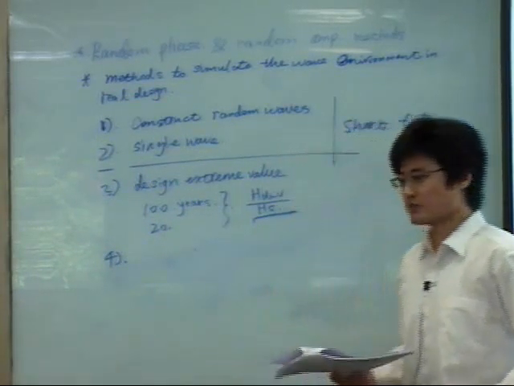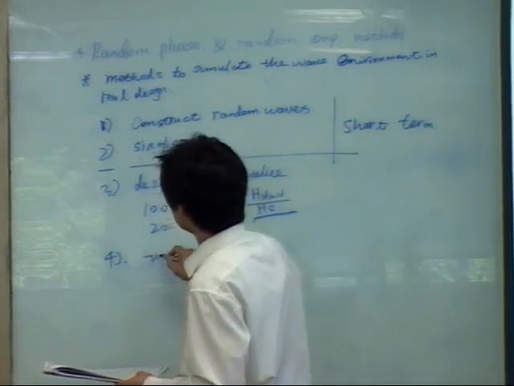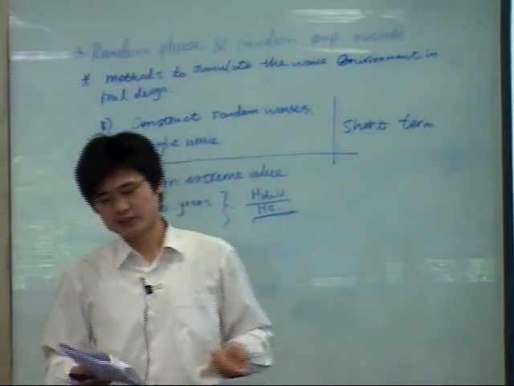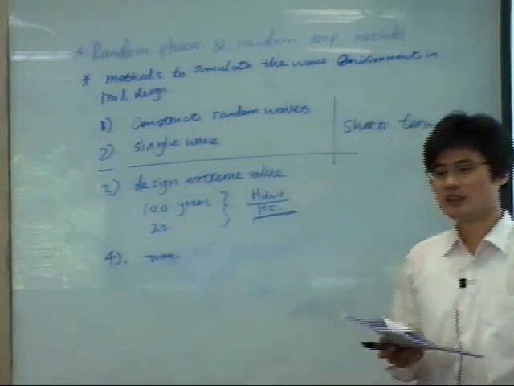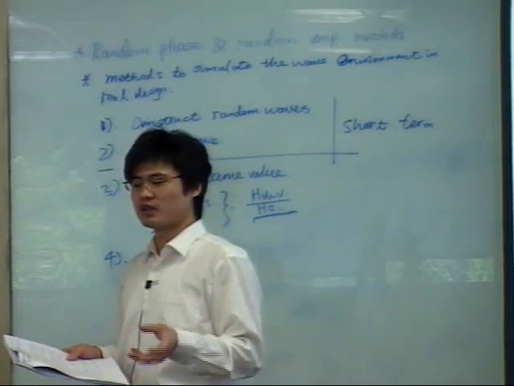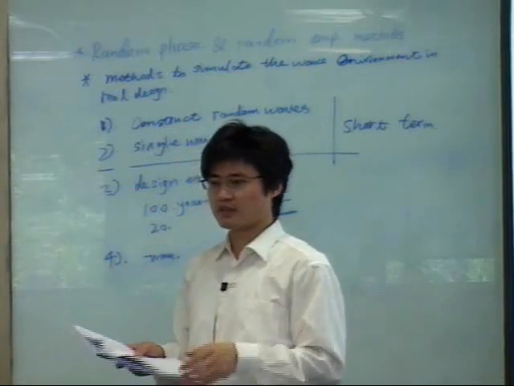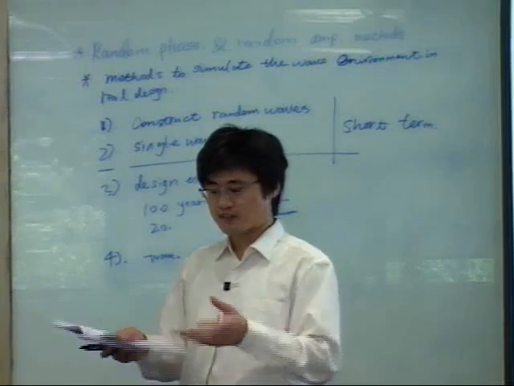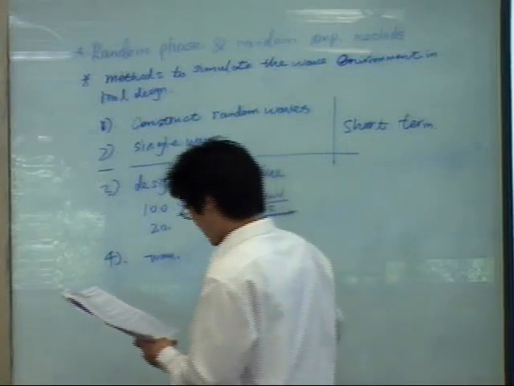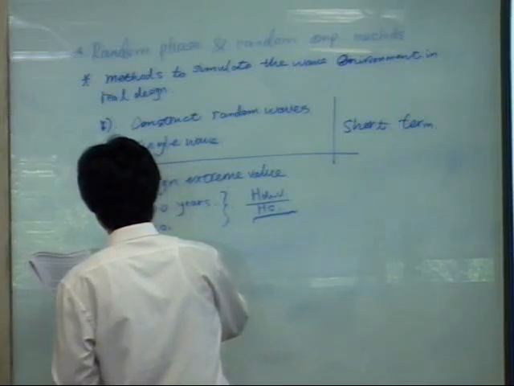And another important thing is the fatigue of the structures in the lifespan. We may specify a certain threshold of the wave height, and then we say, okay, once the wave height goes beyond this threshold value, it introduces a stress that is valid for our fatigue analysis. In fatigue, we need to count the number of cycles of the forces, and to do that we need to specify a threshold value.